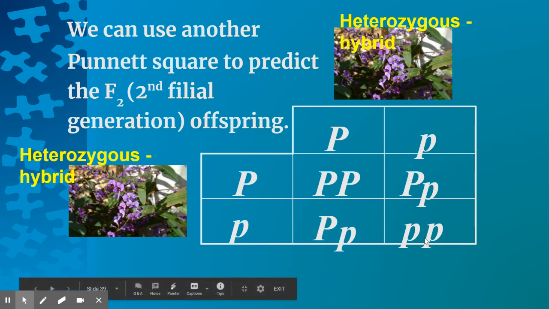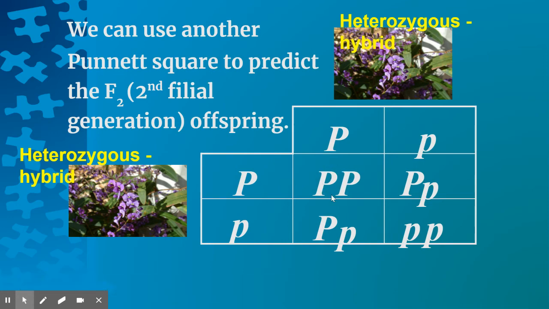You do the whole multiplication table action there, and what you end up with here is a 1 to 2 to 1 ratio. 1, what do we call this one? Homozygous dominant. 2, what do we call them?